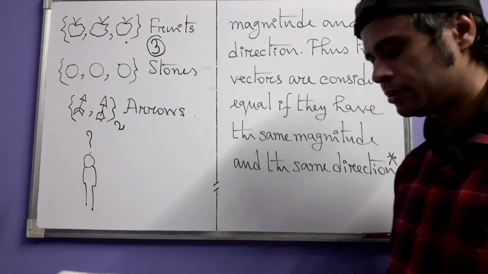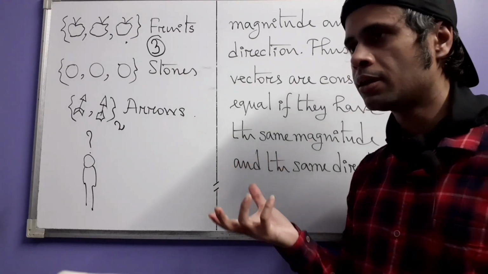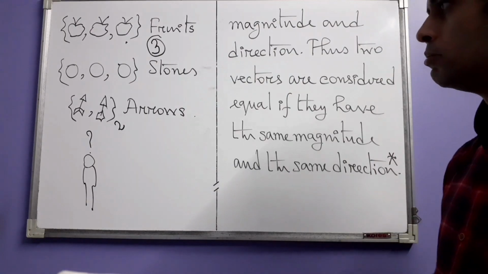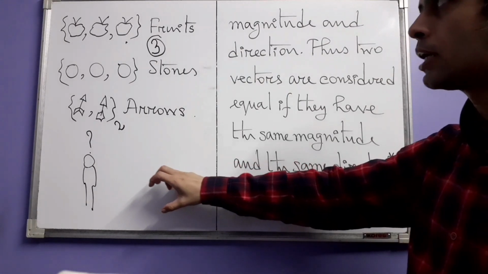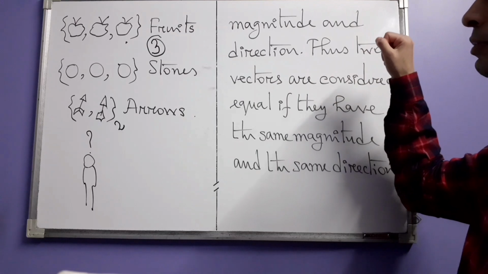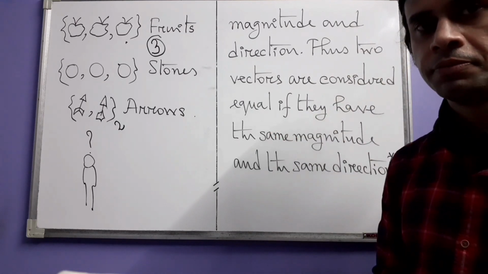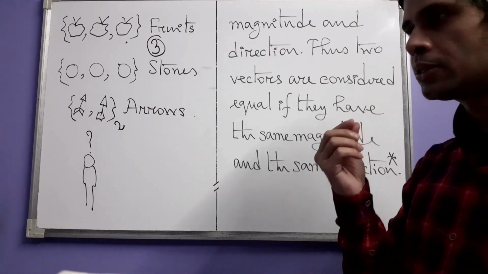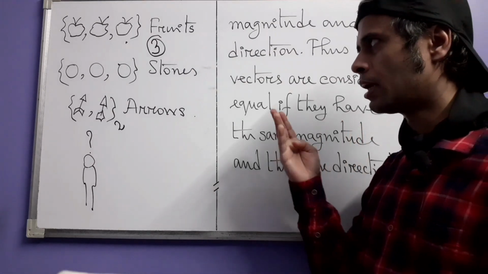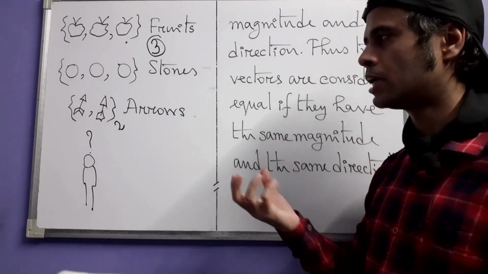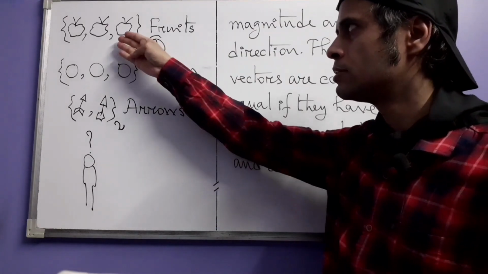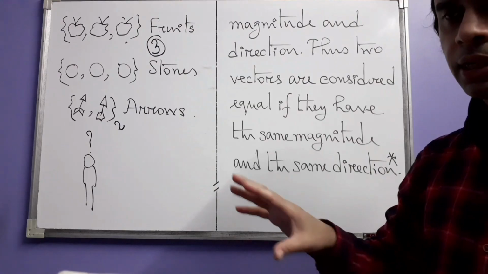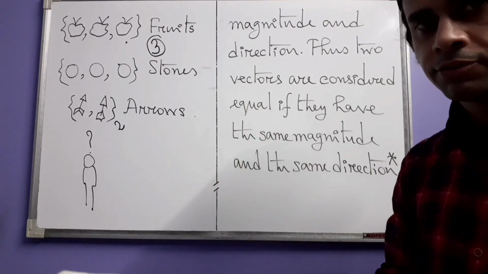Just like that, from the actual physical quantities, which are vector quantities, we have abstracted out the definition of a vector. Does it make sense? Vectors have the same status as numbers have, and vector quantities have the same status as the sizes of these concrete sets of concrete objects have.